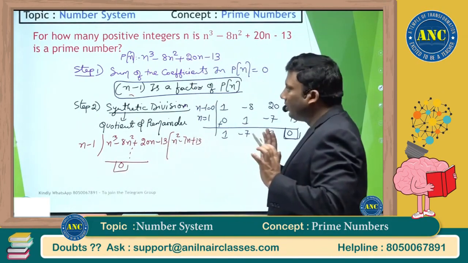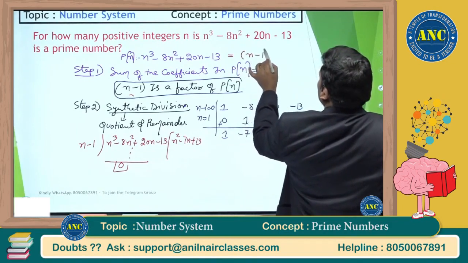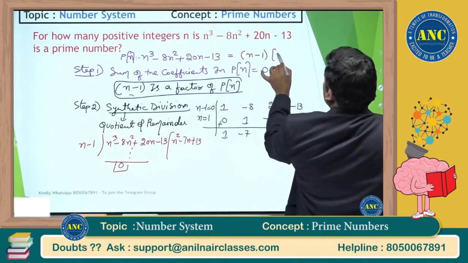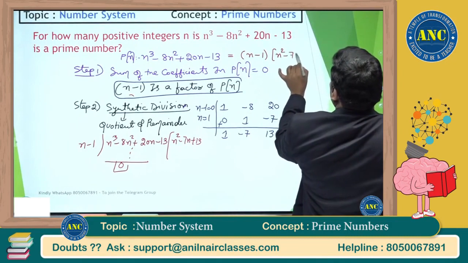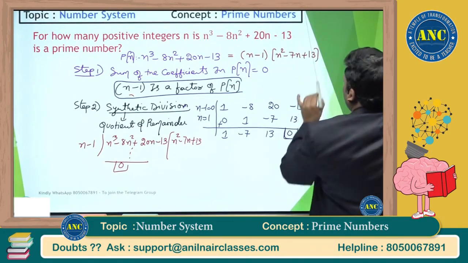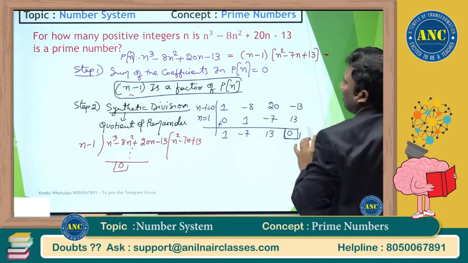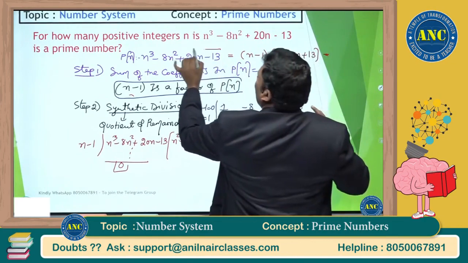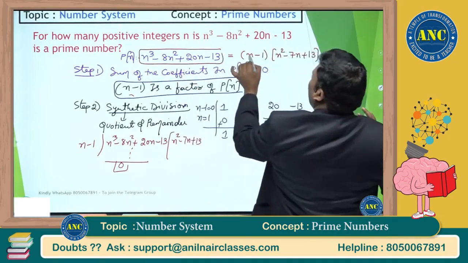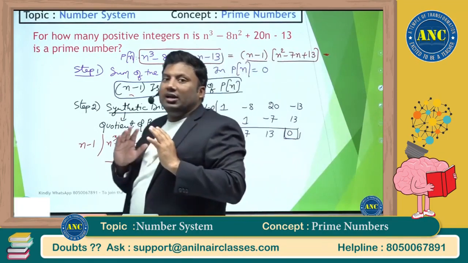So one factor is n minus 1, the divisor, into the quotient n square minus 7n plus 13. The remainder is 0, so you don't need to write it. This entire cubic expression is a product of a linear and a quadratic. I hope till here it is clear.